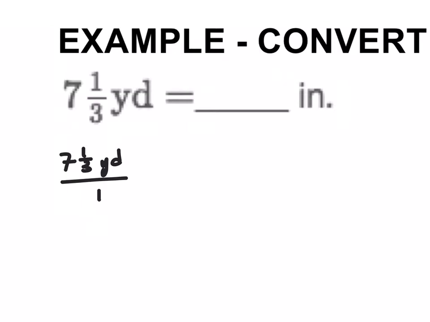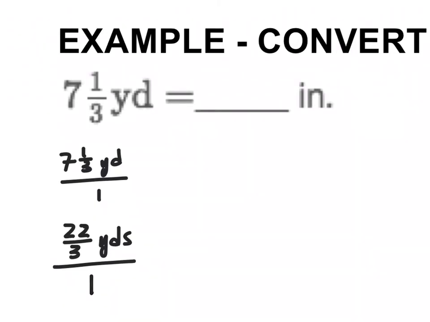So let's rewrite this as 22 thirds yards. I'll explain why in a second, because I can operate with this number, but I can't operate with the mixed number. So now I have 22 thirds yards, and I'm going to put that over 1.